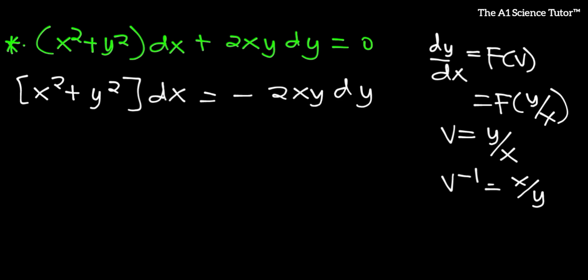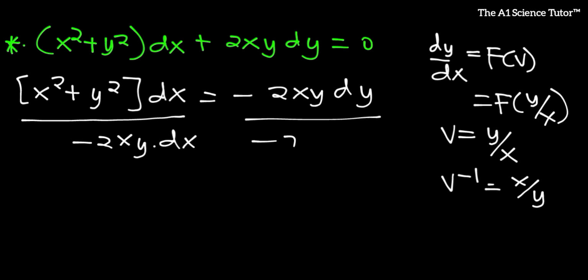Now, I need to take dx to this side, so that we're going to have dy/dx. And -2xy, I need to take it away from this side, so that we're going to have an isolated form of dy/dx. So as it is, I need to divide through by -2xy and dx, basically. So this is going to be -2xy multiplied by dx.